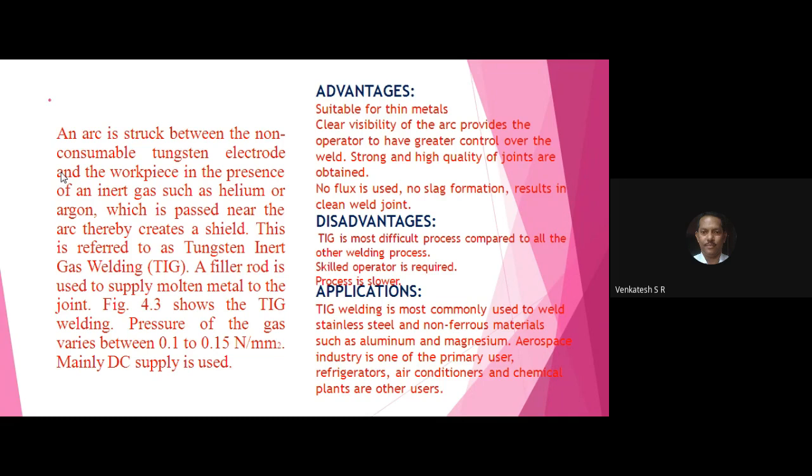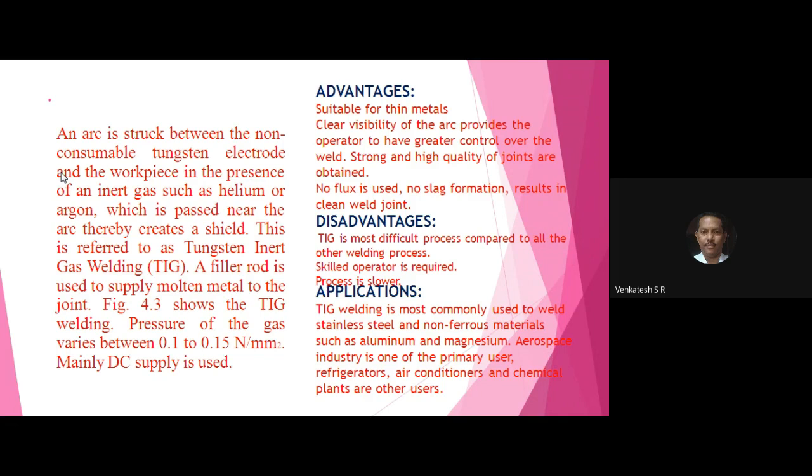In metal inert gas welding, MIG welding, there they use a consumable electrode. Remember the difference between TIG and MIG. In TIG, tungsten inert gas welding, the electrode is not consumed, but in metal inert gas welding, the electrode is consumed. The coil of electrode is supplied along with the tube which supplies the inert gas.